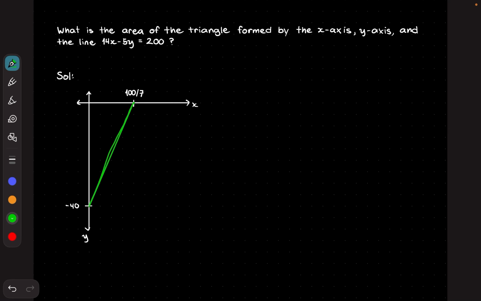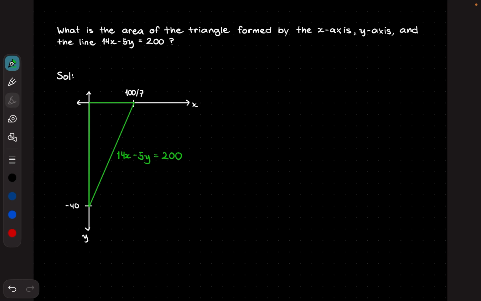The triangle would have this, this, and this there, wherein this specific line out here represents 14x minus 5y equal to 200.